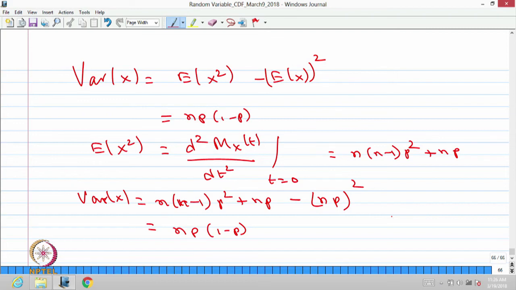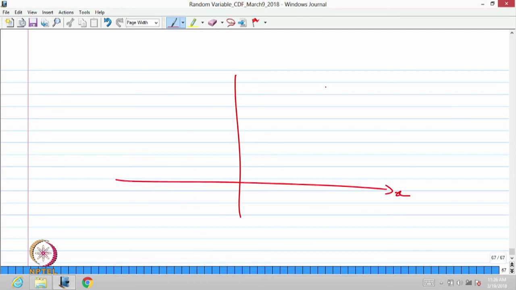There is another observation. If you draw the probability mass function of a binomial distribution, for x is equal to 0, you will have some height. For x is equal to 1, you will have another height. For x is equal to 2, you will have more height, and so on. Then it will keep decreasing.